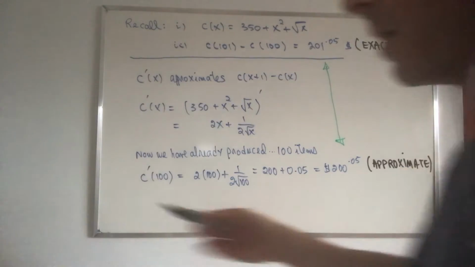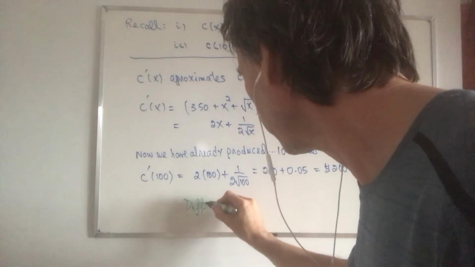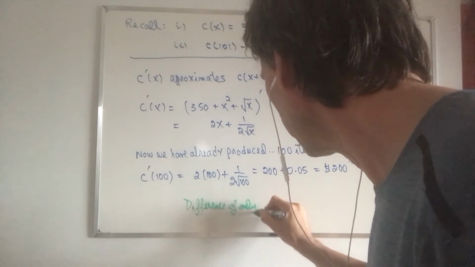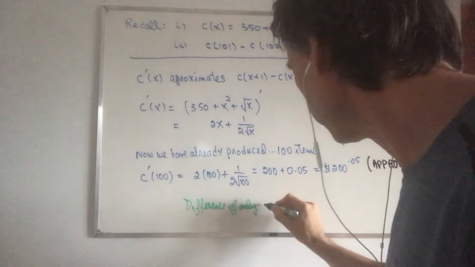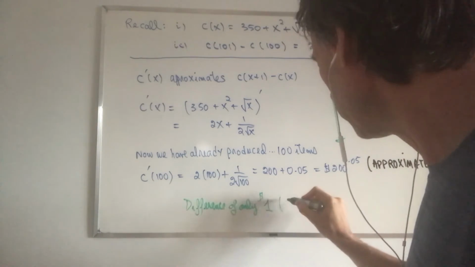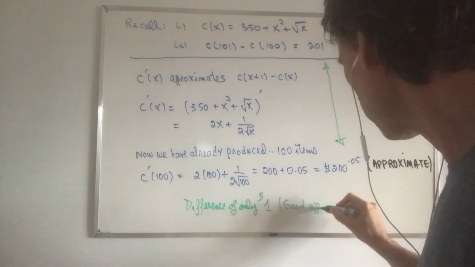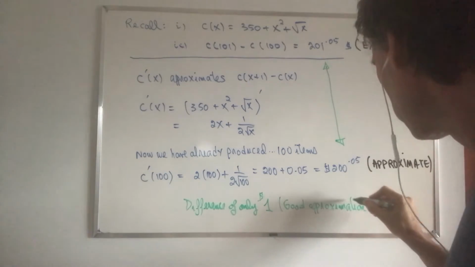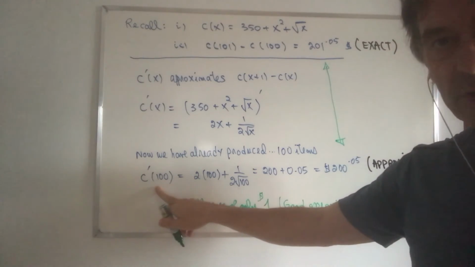You will see here that the difference is minimal. The difference is only, what, 201.05 minus 200.05, only $1. So I conclude that the approximation is good. This is your marginal cost right here, C prime, which we defined on the previous board.